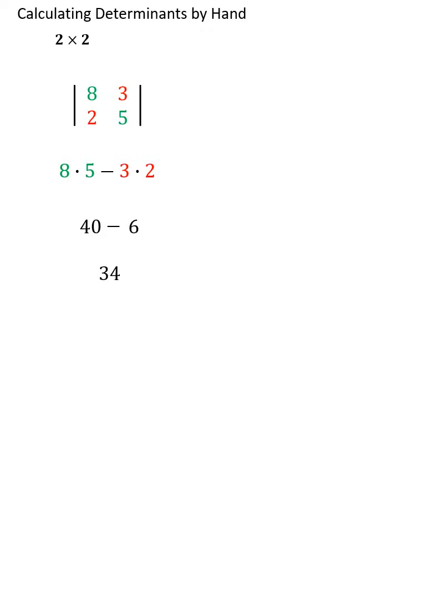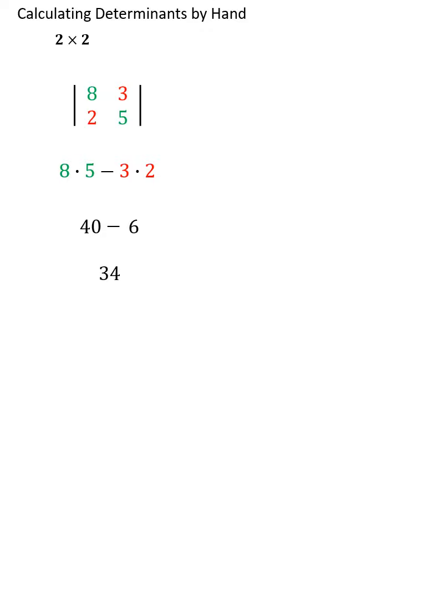There are a lot of good questions that arise here. Why do we multiply those numbers specifically? Why do we subtract at all? Those questions are answered in the larger context of matrix algebra, and we're in the middle of this video, we're just not there. So you'll have to just accept that this is the procedure for calculating a 2x2 determinant.